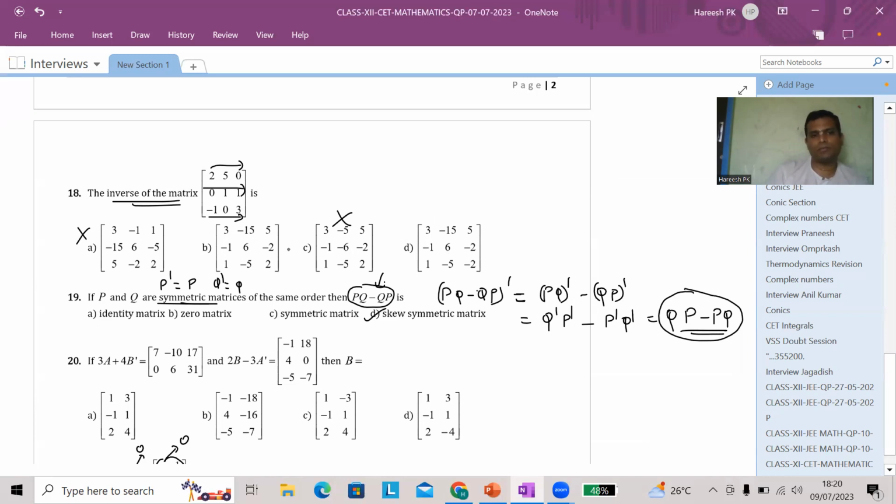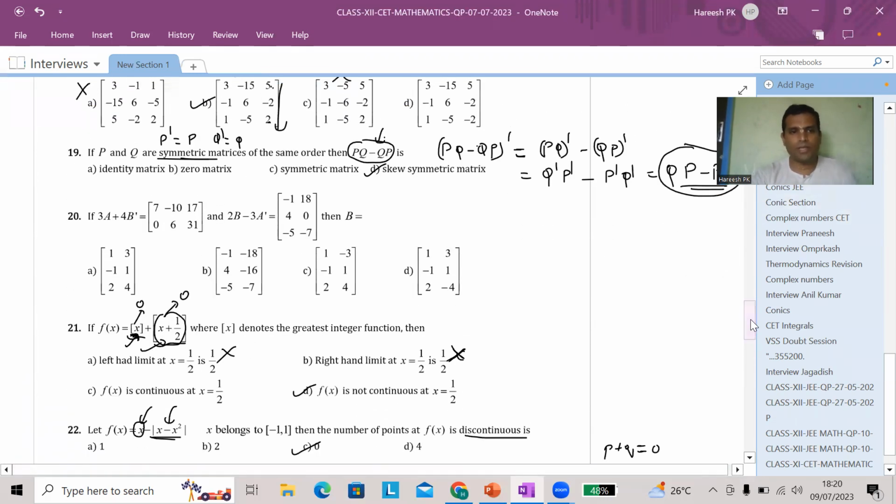So obviously option B, right? Because when I multiply third row with the third column, minus 1 into 5 is minus 5, and 3 into 2 is plus 6. So it's option B. So rather than actually multiplying, just multiply first row with first column, second row with second column, third row with the third column. All of them should be 1. With that itself, we can eliminate the options.